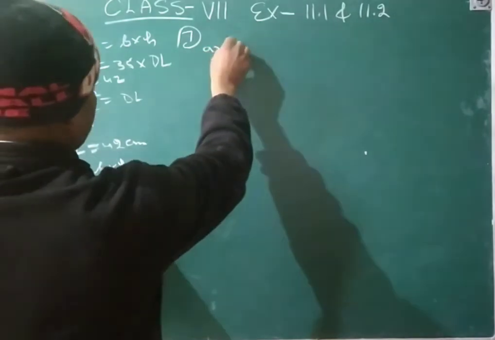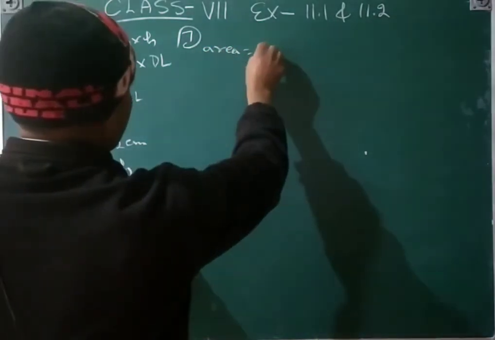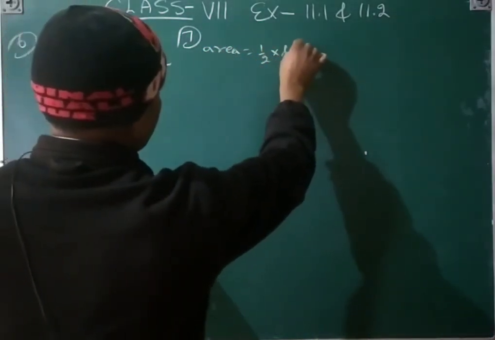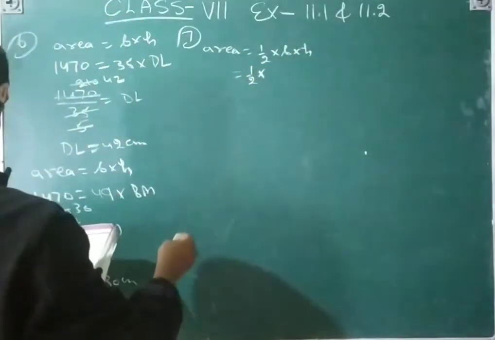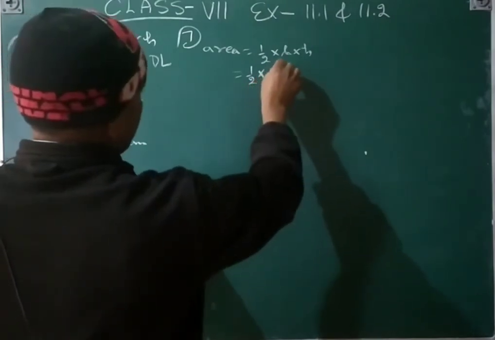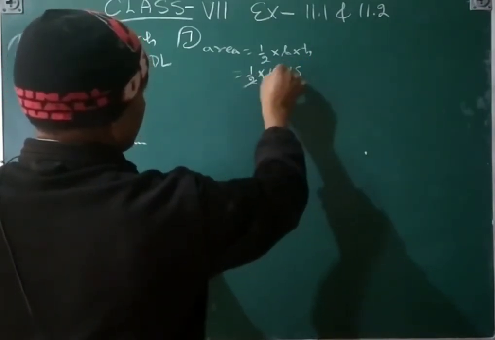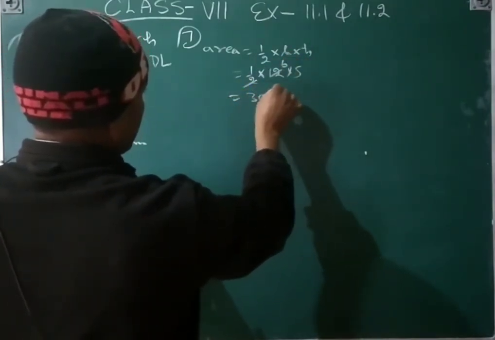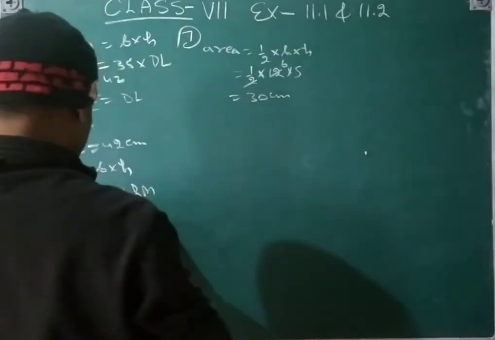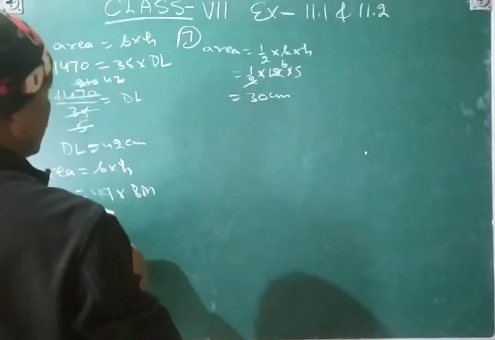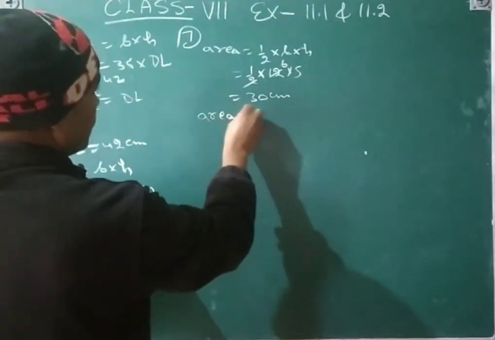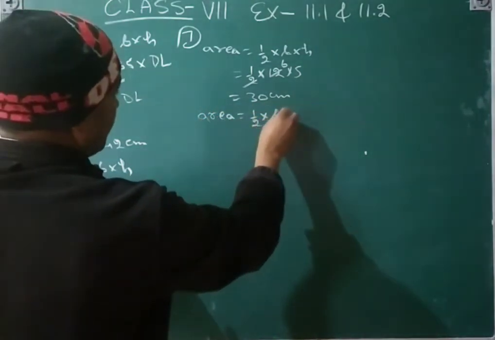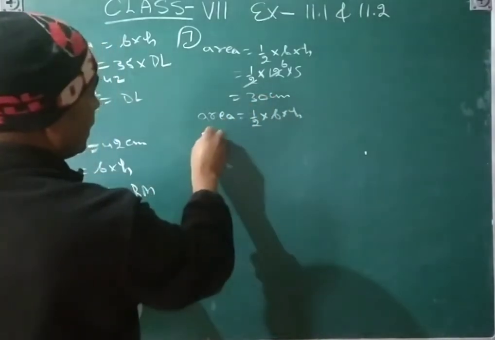So area of triangle is equal to 1 upon 2 into base into height. So 1 upon 2, base is 5 or 12 we can say, and then height is 5. 2 6s are 12, that is 30 centimeter square. And then we need to find AD also. So again we will put the area. Area is equal to 1 upon 2 into base into height. That area we have already found here.